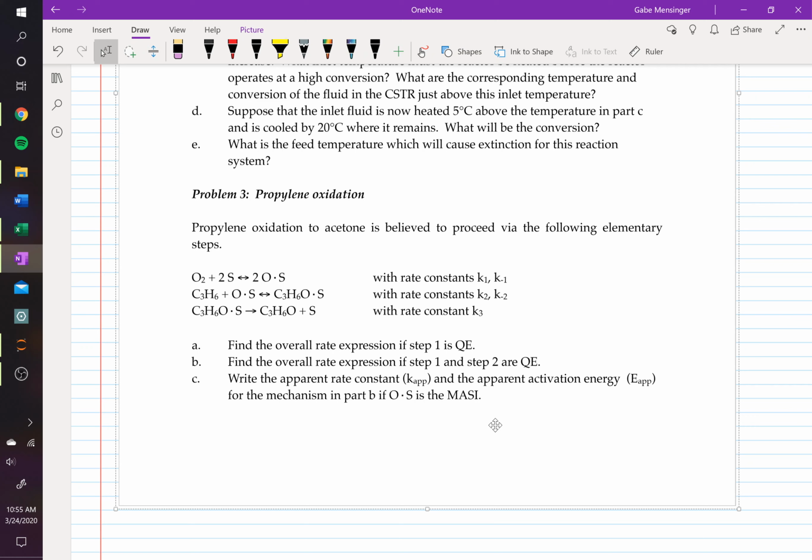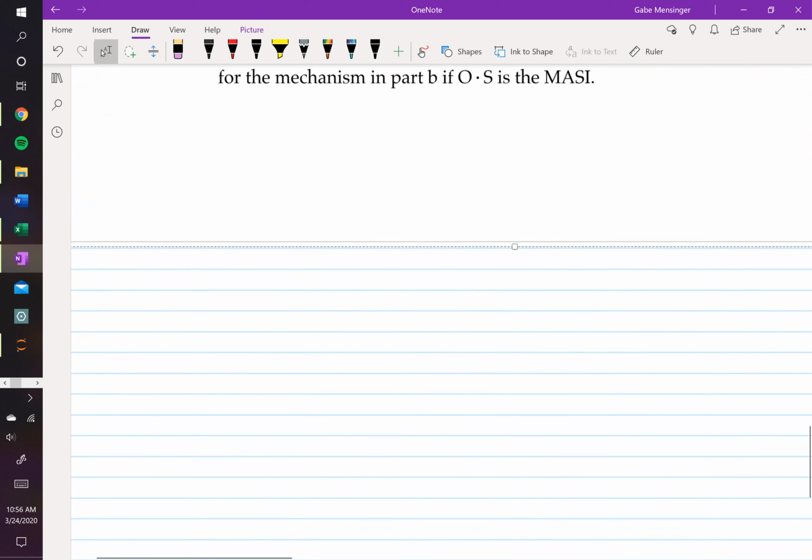So this one, propylene oxidation to acetone, is believed to proceed via the following elementary steps, and this is a catalyzed reaction. So find the overall rate expression if step 1 is QE. Okay, so this goes back to rate mechanisms that we so fondly remember.